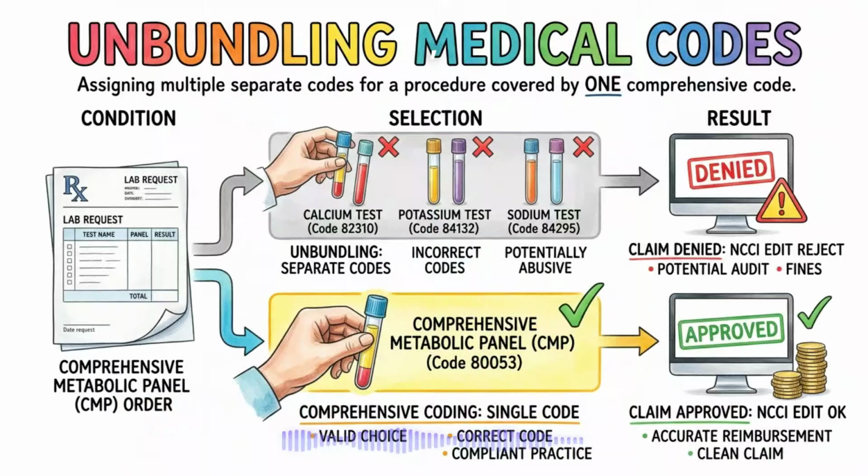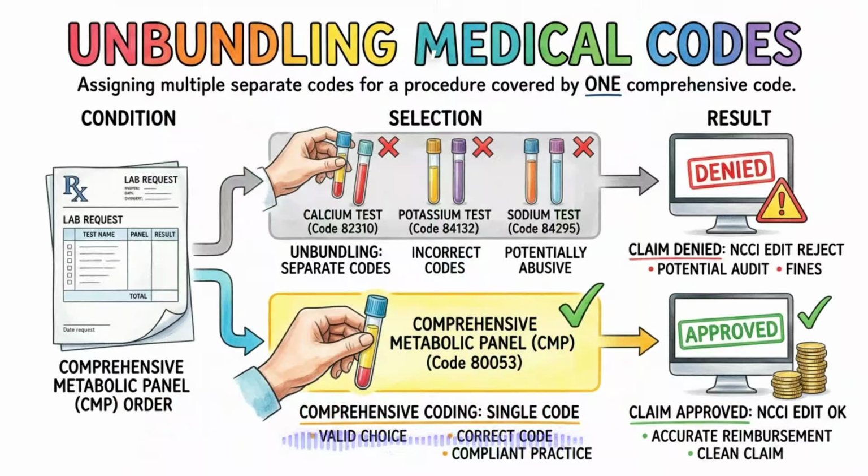Unbundling is a serious compliance violation where a coder assigns multiple separate codes for the individual parts of a procedure when a single comprehensive code already exists that covers the entire process.